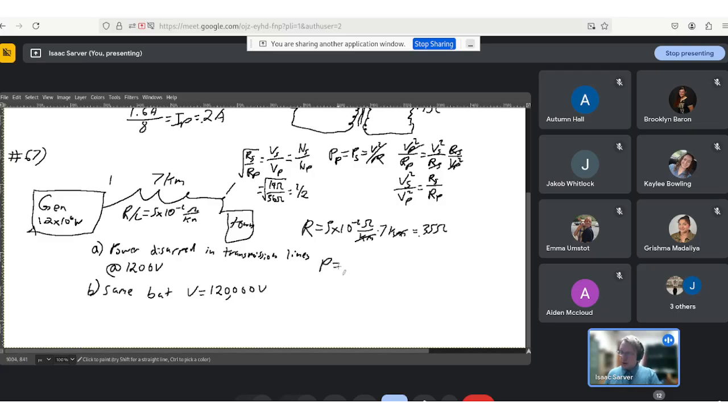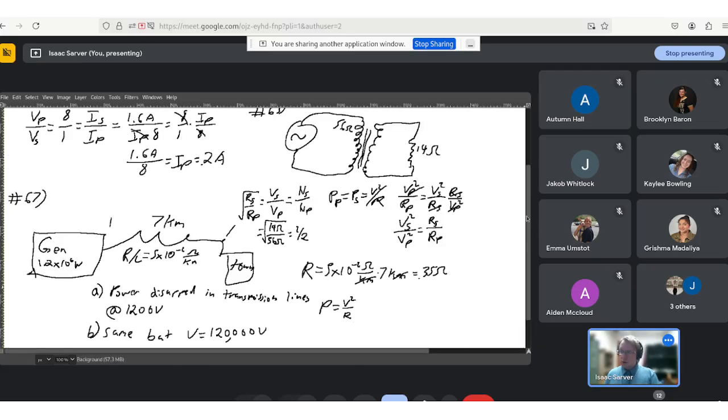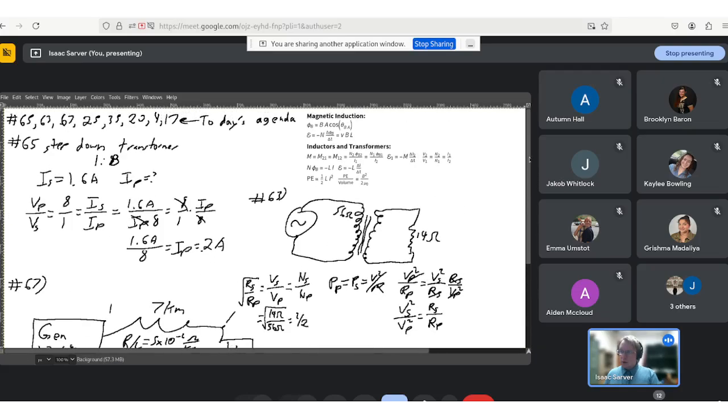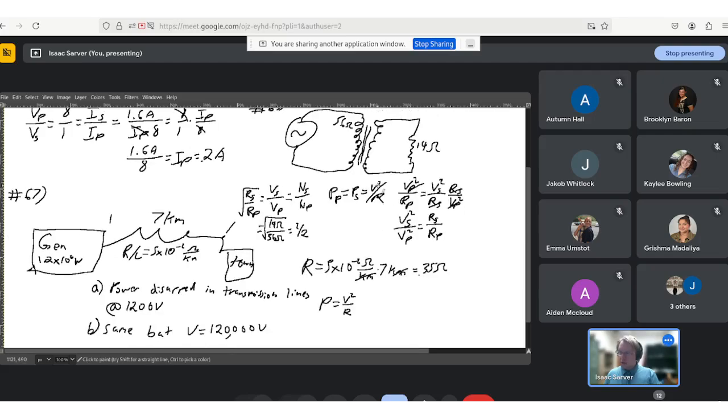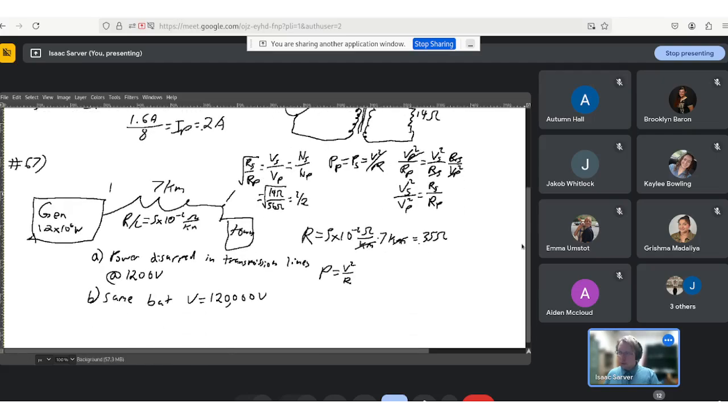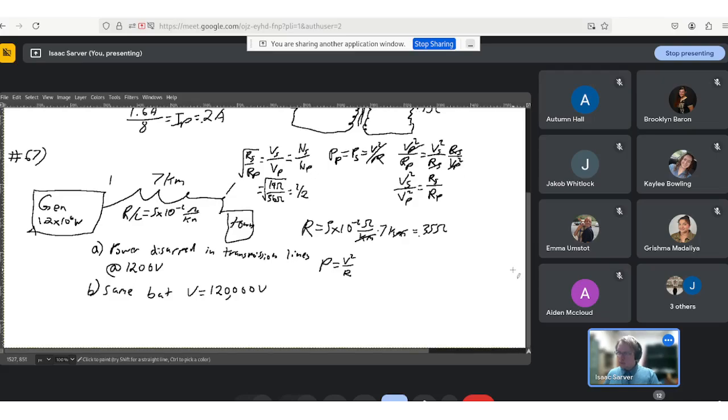Then we have power is equal to V squared on R. Do I have it up here? No, of course not. Oh, it's right here. V squared on R. Okay. Oh, and there's 2 of them, so there's 2 wires.